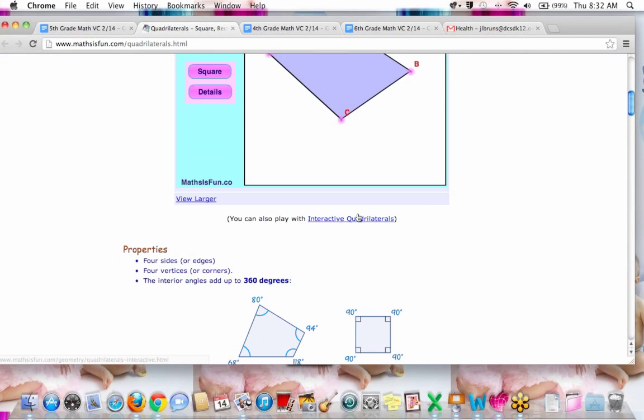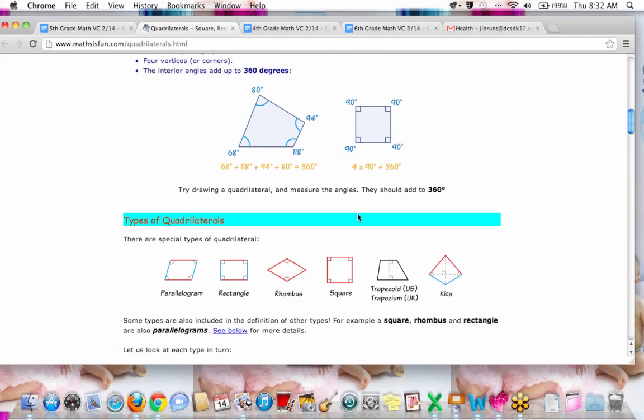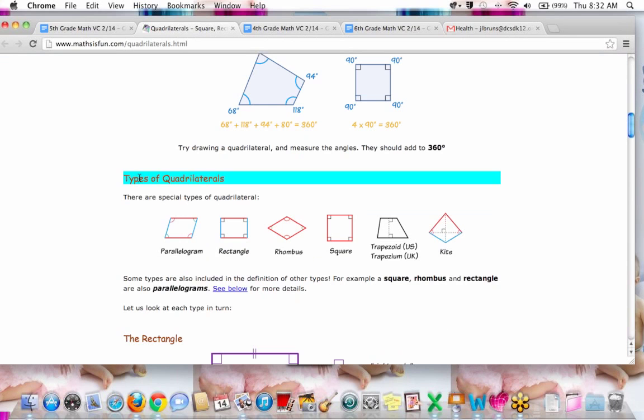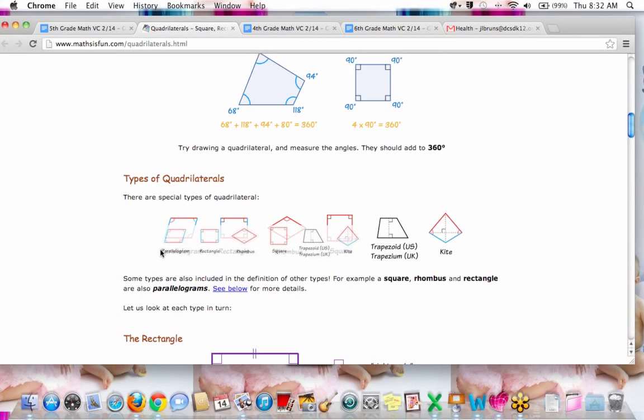Okay, so let's just take a look at some pictures. Okay. So lots of different types of quadrilaterals. A parallelogram. What is this word? And this is another prefix. What does parallel mean? All right, Nicholas, go for it. It means that two lines are exactly away from each other.